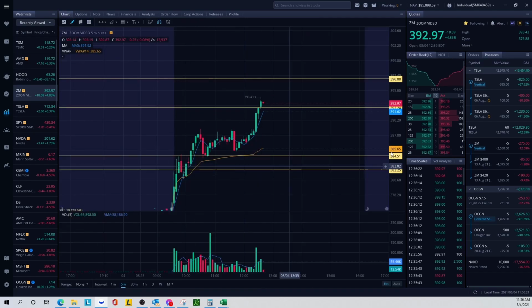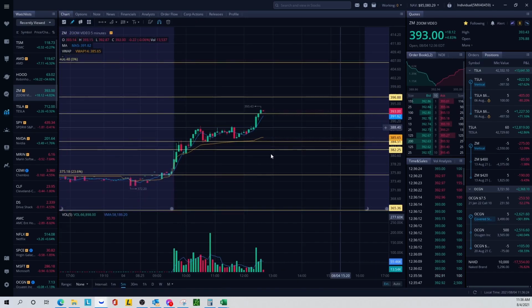But with today's price action, let's take a look. Today we've moved from 372-ish in pre-market all the way up to what we're currently trading at, 393. That's a pretty big move. I was initially up maybe $1,200 to open the trading day, and now it's down to $275.